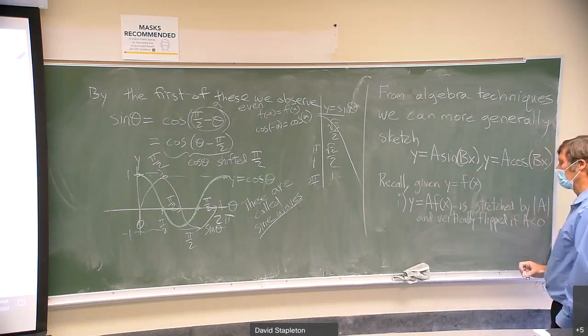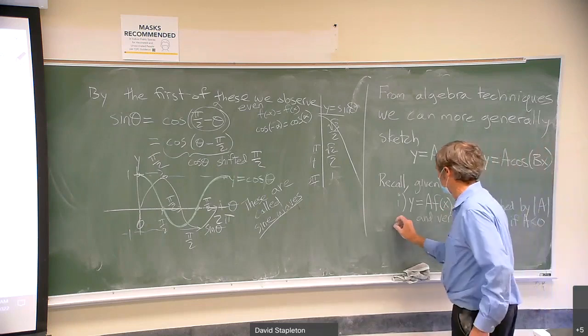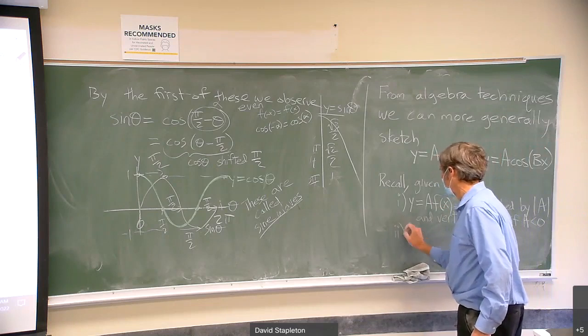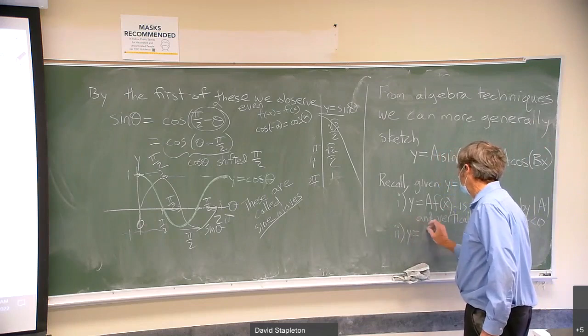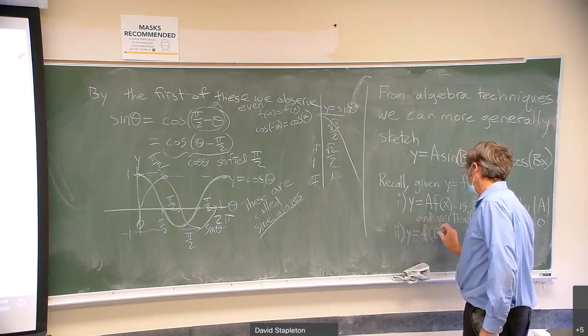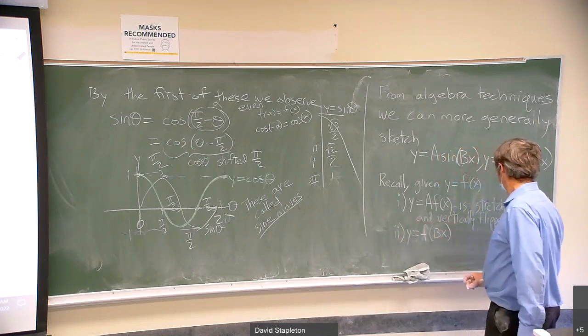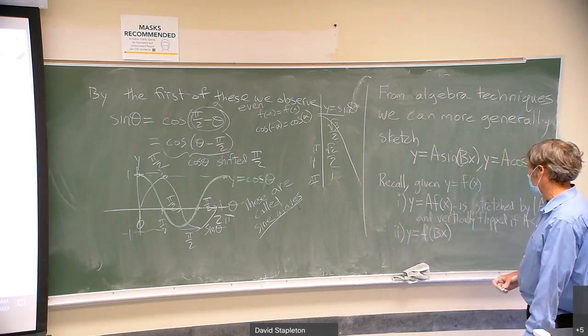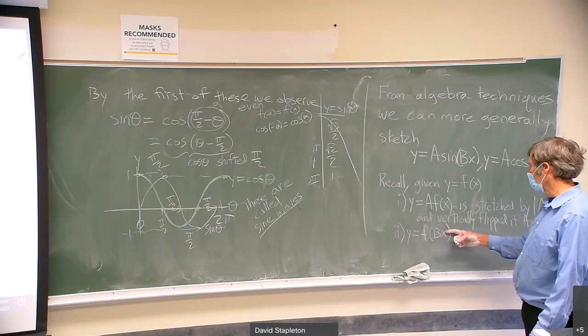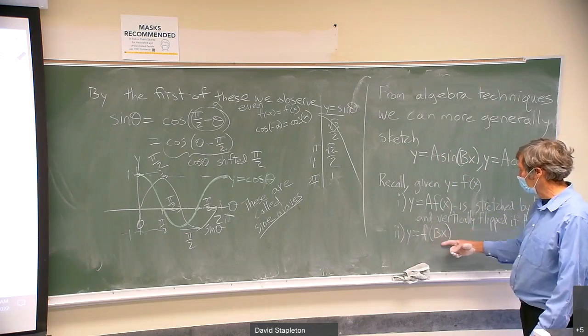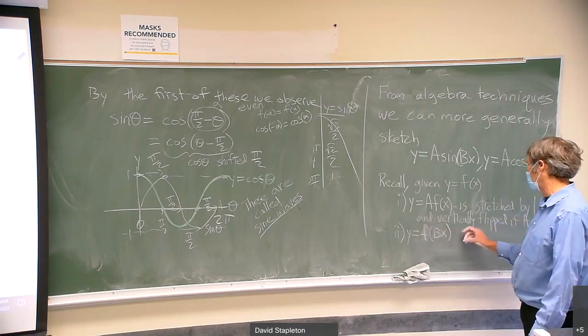Now, what does the b do? Similarly, if I took just y equals f of bx, now what happens? x has to be 1 over b times what it used to be to get the same number in here and get the same y value out.